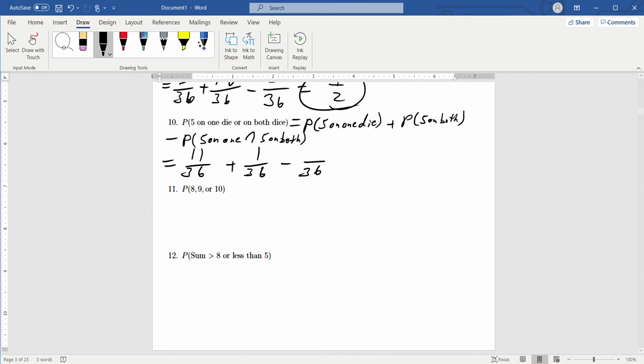So I need a 5 on one of these and also having 5 on both. Well, that would be right here. But that's 5 on both. Is that 5 on one of them?